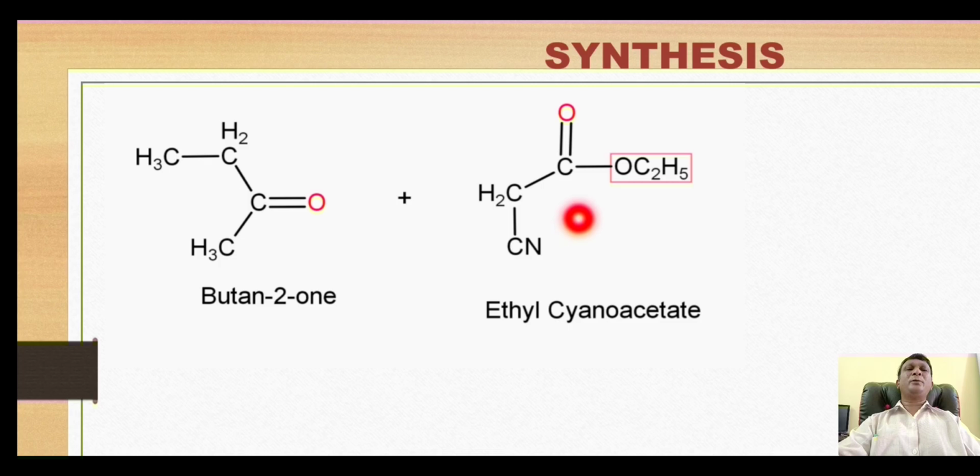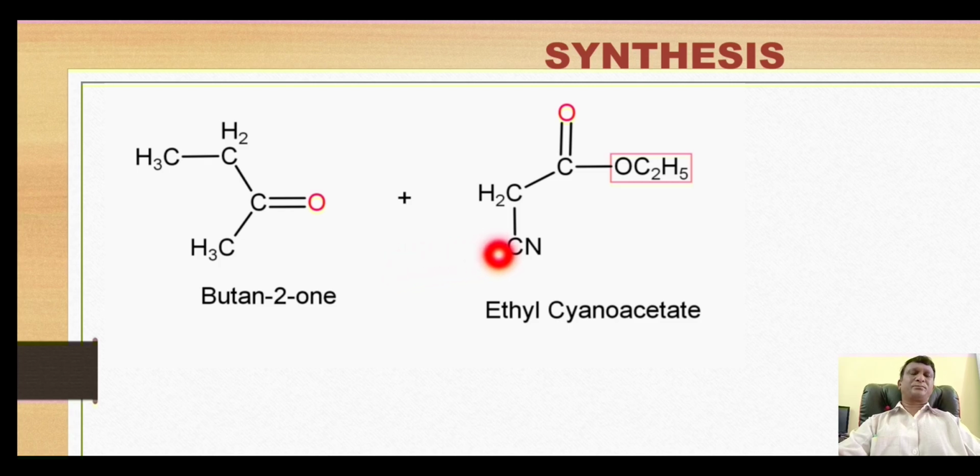Now in ethyl cyanoacetate we have a carbonyl group and a nitrile group, due to which this alpha carbon bears the hydrogen which will become highly acidic in nature. That's why this carbon will acquire the carbanion character, which can attack on this carbonyl carbon to bring the nucleophilic addition reaction followed by the elimination reaction.